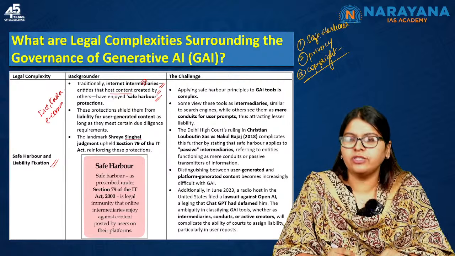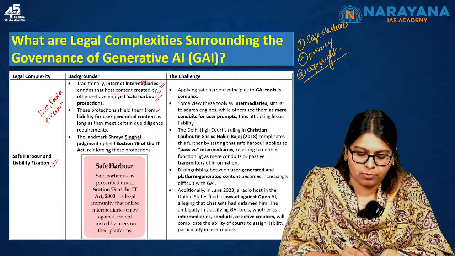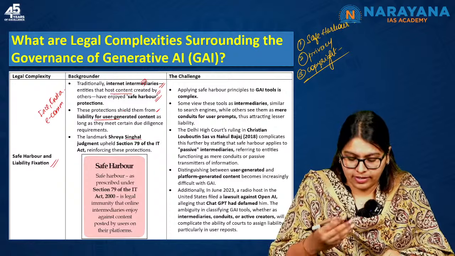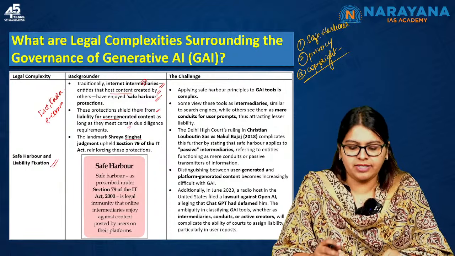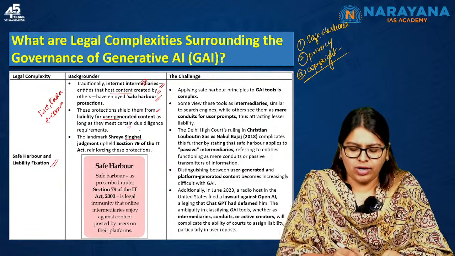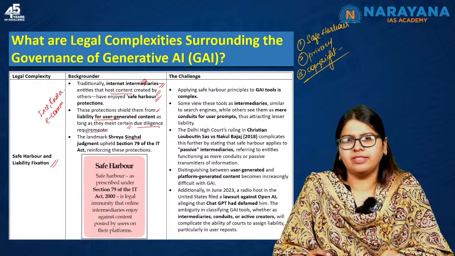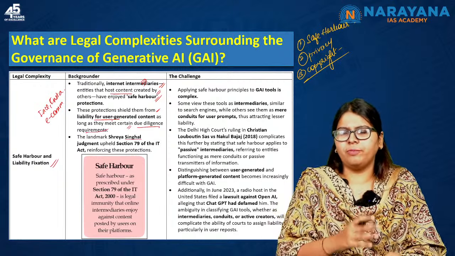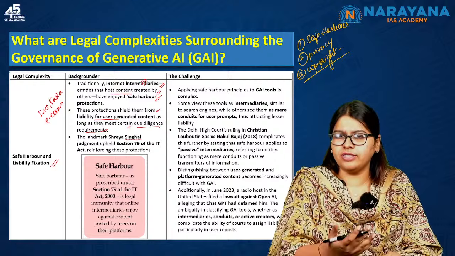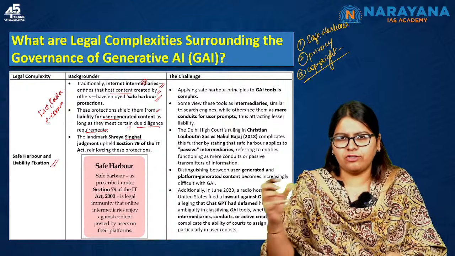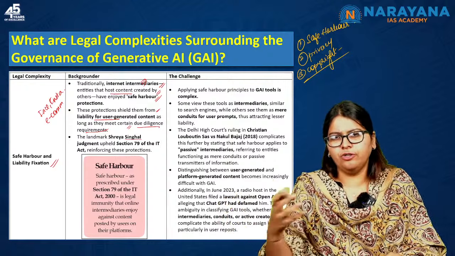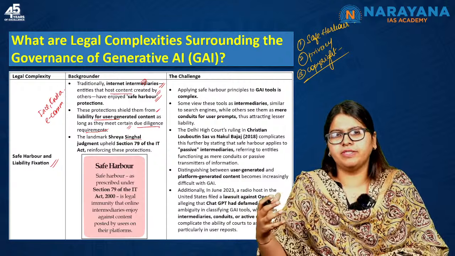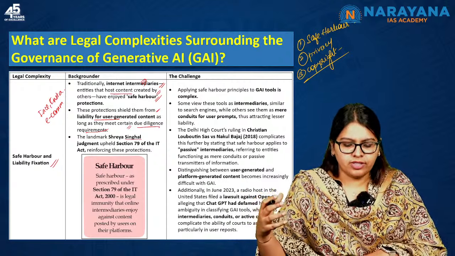These protections shield these platforms from liability for user generated content as long as they meet certain due diligence requirements. What are these technical terms? It is nothing but if the government goes to the platform and asks which user posted this sensitive information, then they will give back the details about this particular person who has posted. Okay, so this is what it is.